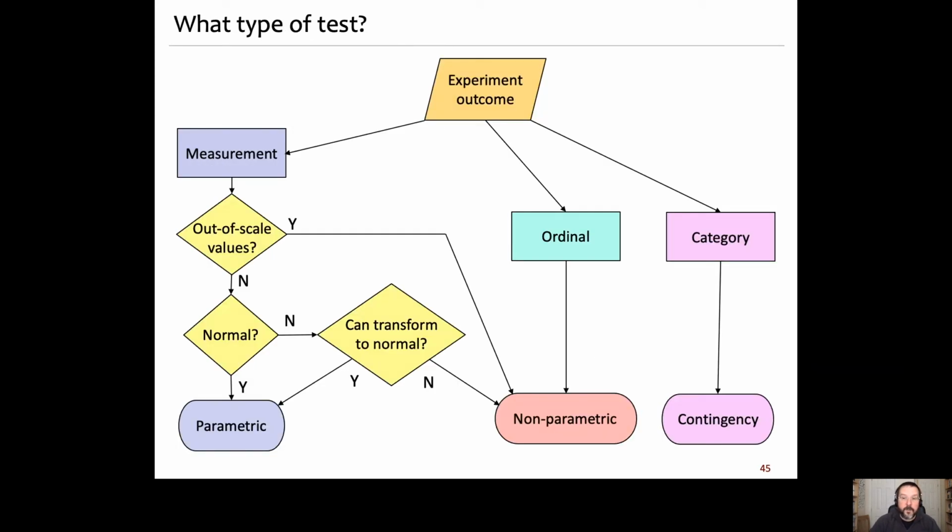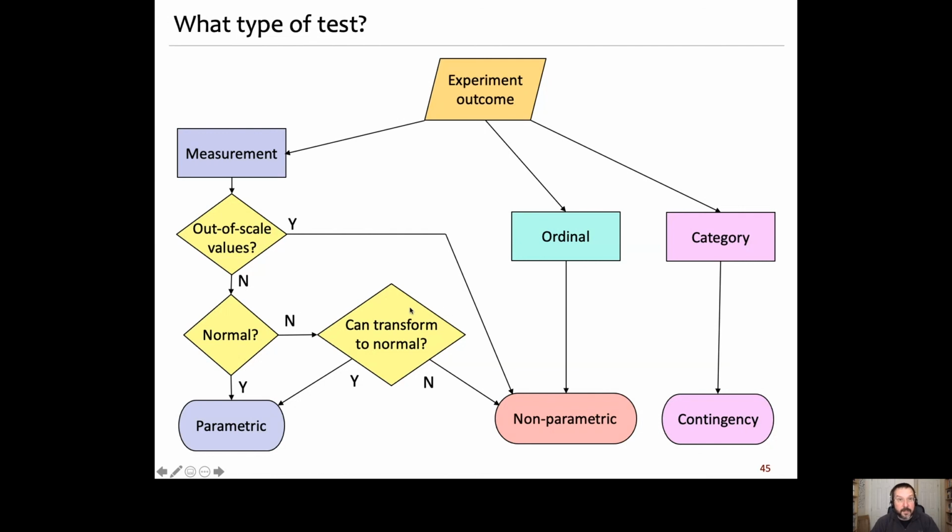This diagram might help you make a more generic decision on what type of test to use, depending on the outcome of your experiment. If the outcome of your experiment is a measurement, then first you want to know if there are out of scale values, like strong outliers. If you have them, you should perform a non-parametric test. Otherwise, you ask whether your data are roughly normally distributed. If not, can you transform them to normal?